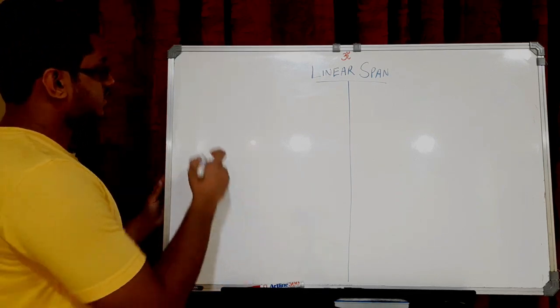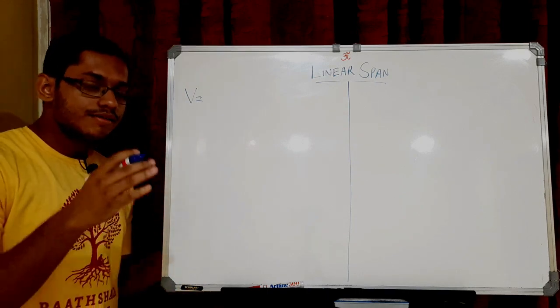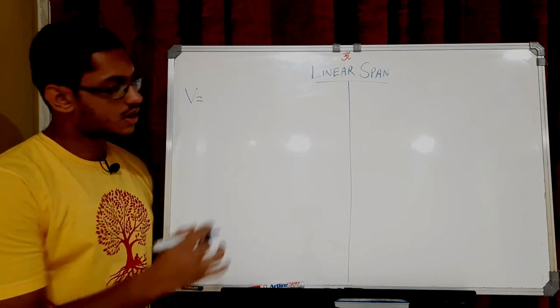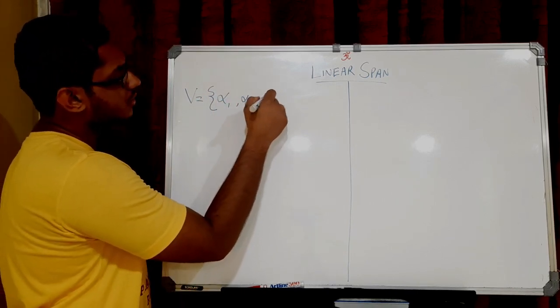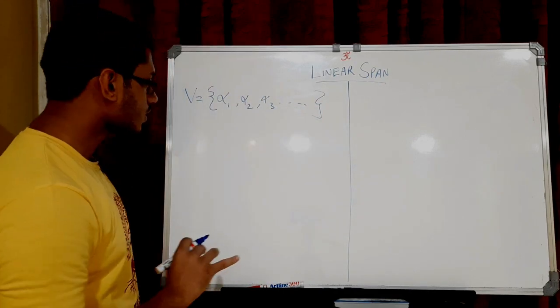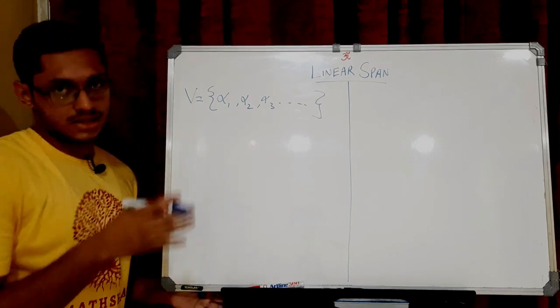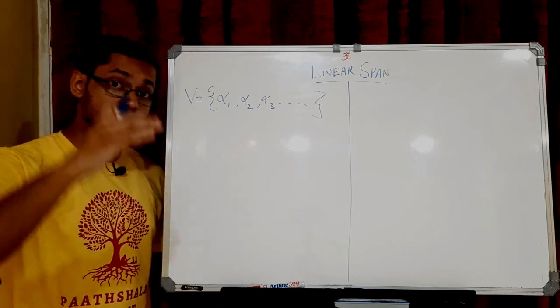So consider this, V means a vector space. Vector space has a few elements, few vectors. Consider them as alpha 1, alpha 2, alpha 3, and it goes on. First of all, these alpha 1, alpha 2, alpha 3 are satisfying those 10 conditions.